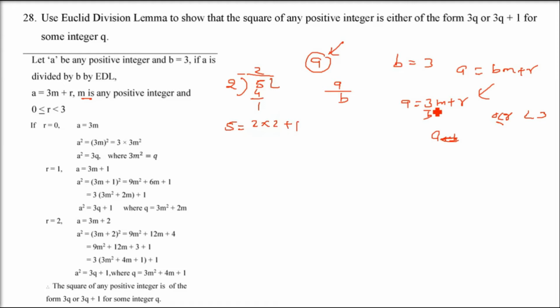Similarly, we have written a as 3 into m plus r. r is the remainder. Because the question gives 3, we have written 3 by ourselves. So now this is m, and you see a, m and r are there, and this is how Euclid's lemma is represented.